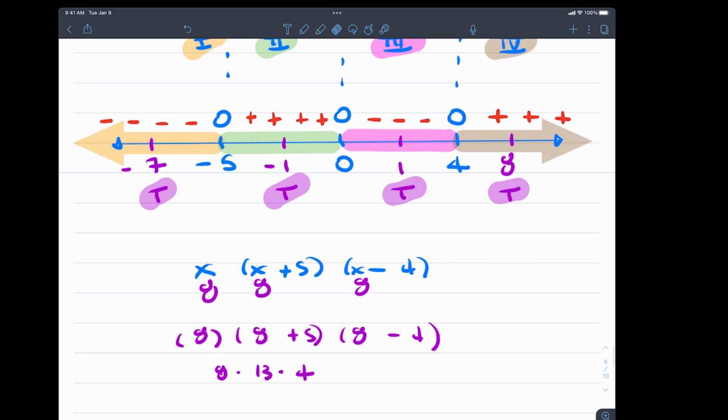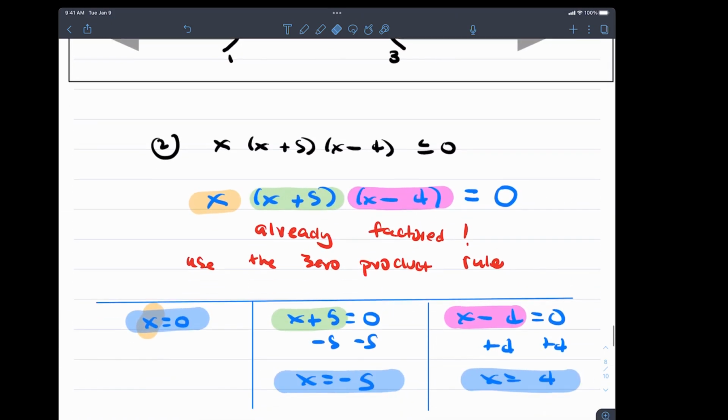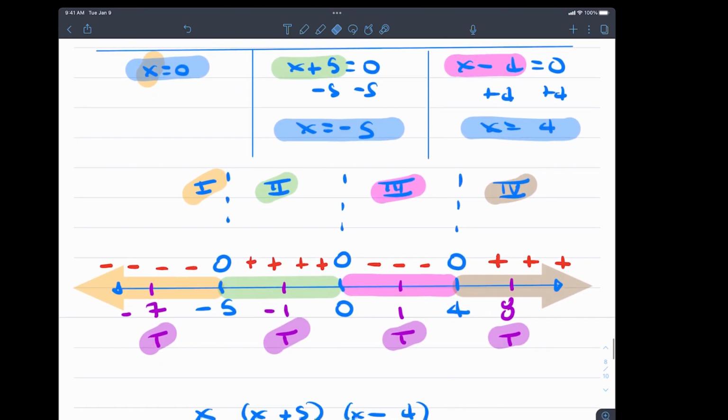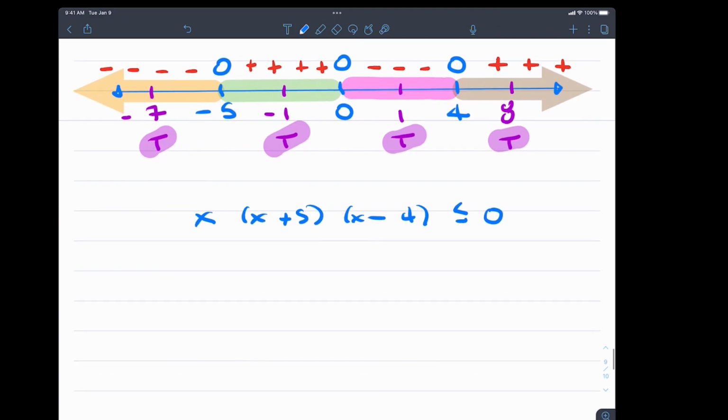So, ladies and gentlemen, remember what's going on here. These are less than or equal to 0. So this product has to be less than or equal to 0. So I'm going to go back over here again.